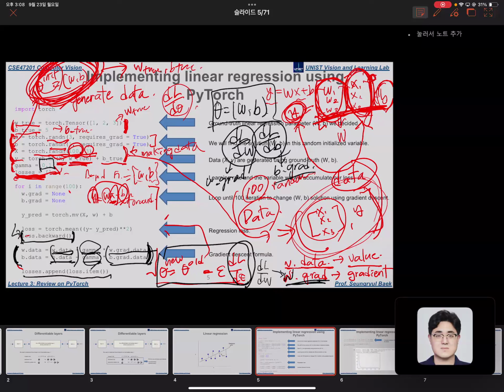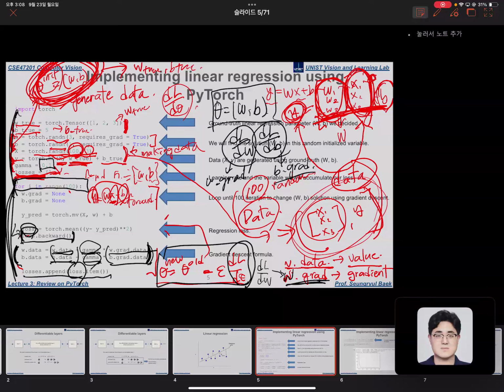And we store our current loss, which was calculated here. And this iterates through the 100 iterations. Are you guys following this? So in this part, we make some 100 X and Y pairs.